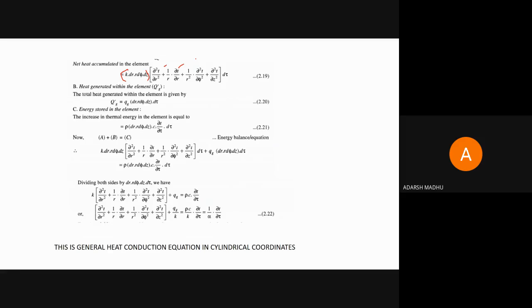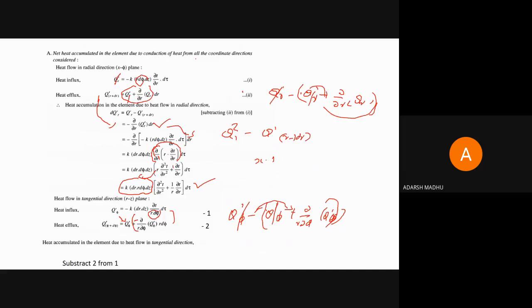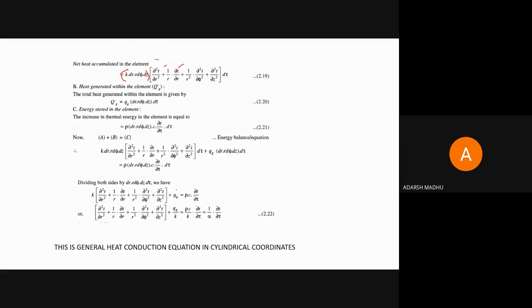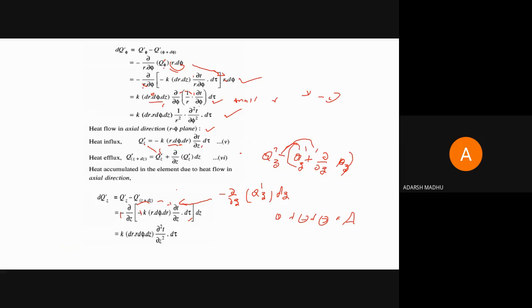For the first equation, the remaining term is dou square t by dou r square plus 1 by r into dou t by dou r. For the second equation, the remaining term is 1 by r square into dou square t by dou phi square.